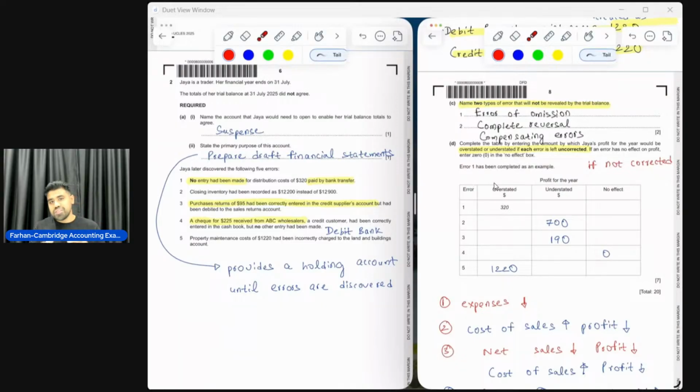So while we were supposed to debit rent, our bookkeeper ended up debiting another expense account, the wages account, right? So this is an error of commission where we have the same classification but wrong account. And that is also something that the trial balance can't figure.